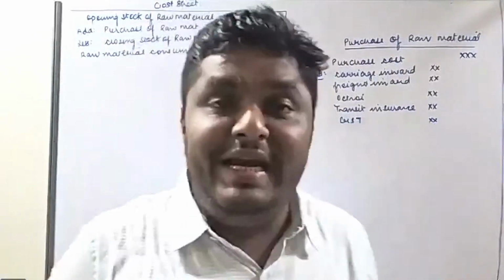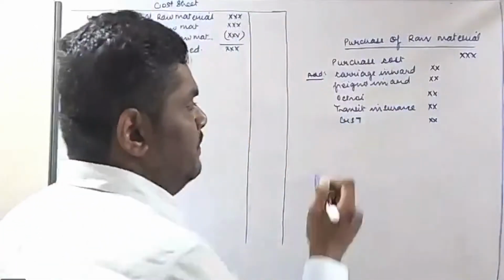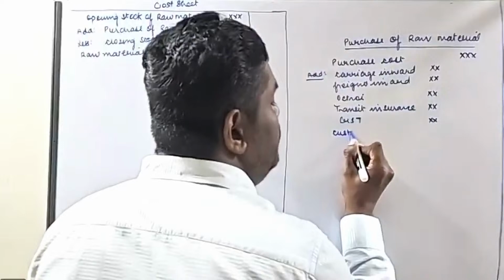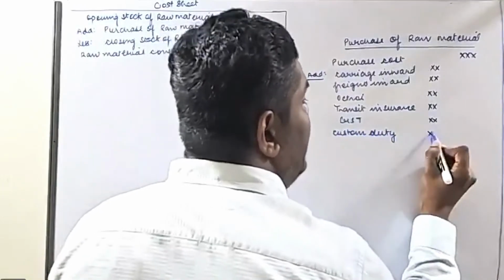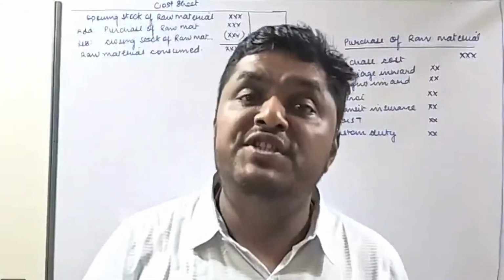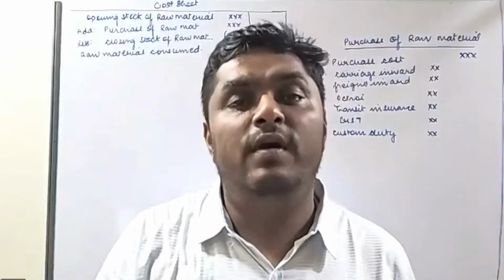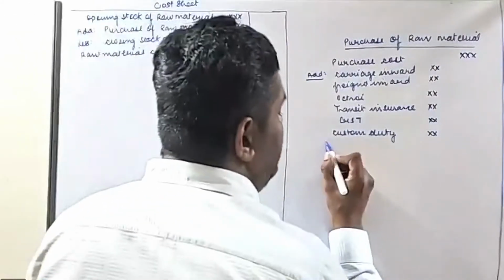If duty credit is available, then again it will be deducted. Apart from this, any custom duty paid will be added. If any commission is paid on purchase of raw material, then again it will be added.